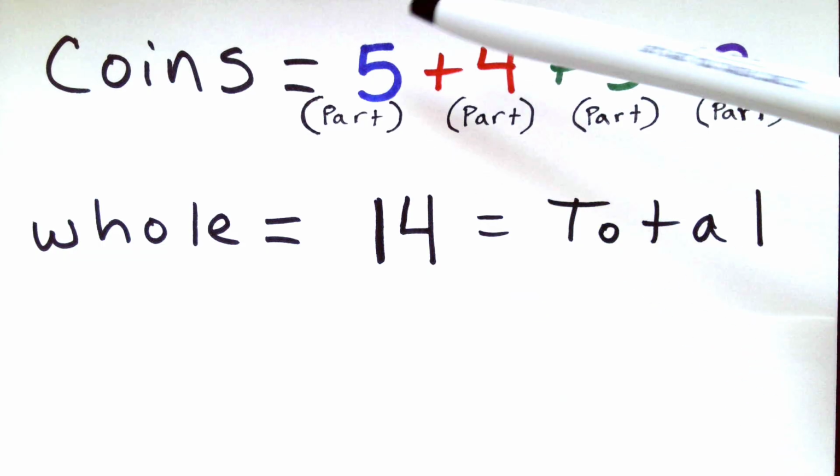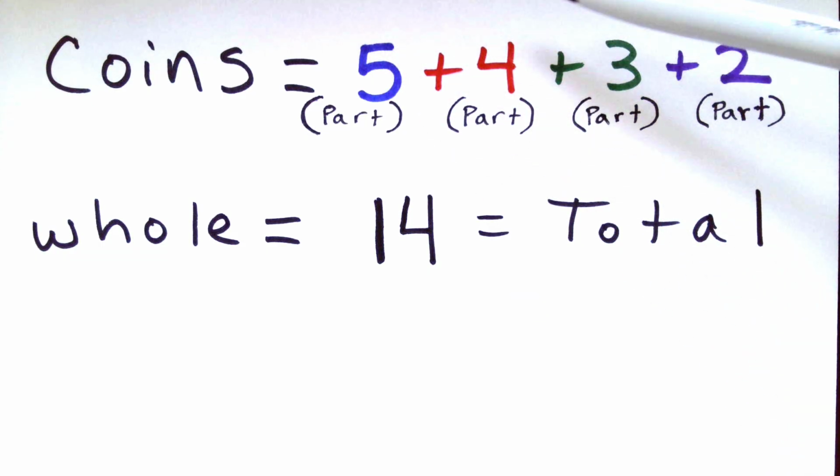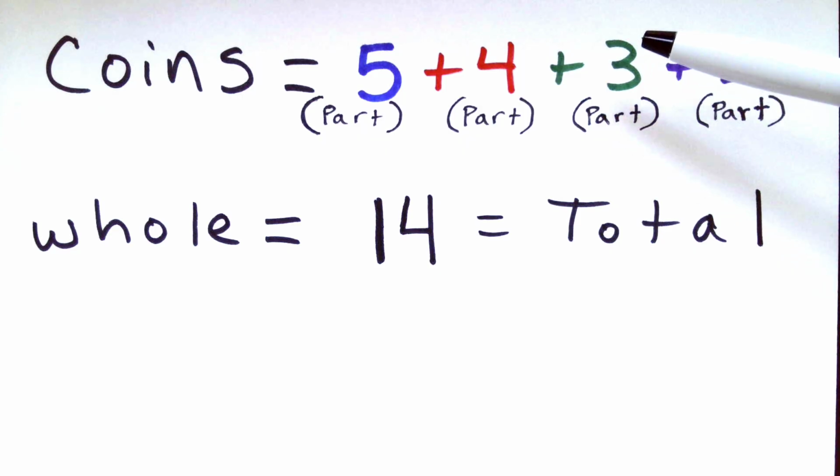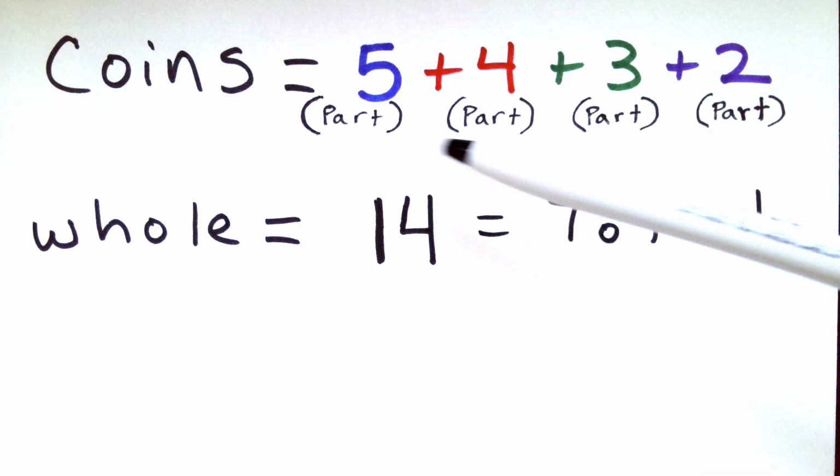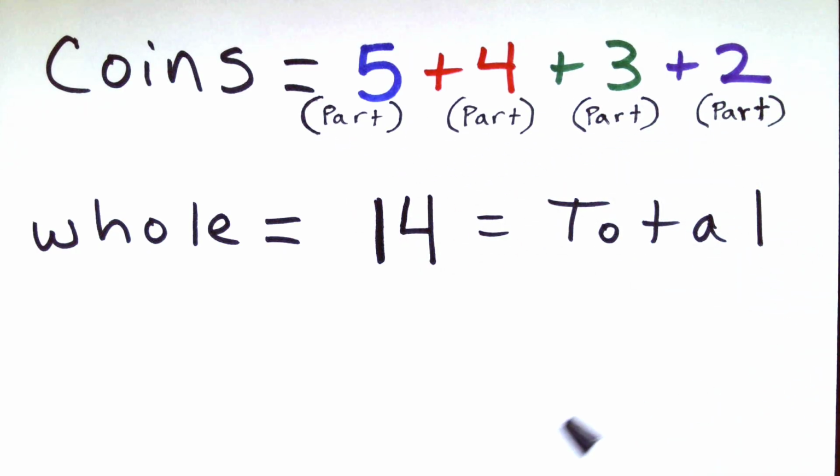So if you were to add 5 plus 4, you get 9, plus 3 is 12, plus 2 more, 14, right? So you add up all the parts. That gives you the whole or the total, in this case, 14 total coins, right? And the part is the individual color of each coin.